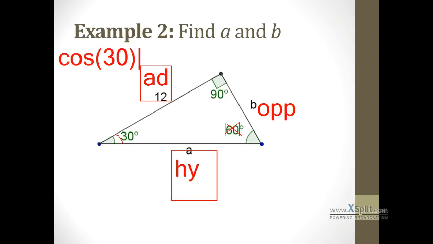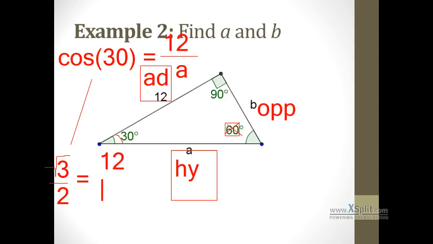Cosine of 30 equals the adjacent 12 over that A side. I'm going to continue that problem right down here. Cosine 30, I know, is square root 3 over 2. So that is equal to 12 over A. I'm going to cross multiply.